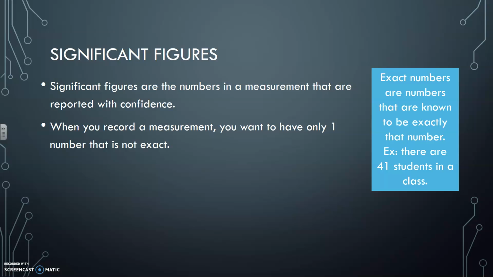If you were counting maybe marbles or something, or fruit flies, because yes, I've done that and it's annoying, things like that, you're counting those numbers, you know them to be exact. And then unit conversion factors, which we talked about in the last video, are also considered to be exact numbers.